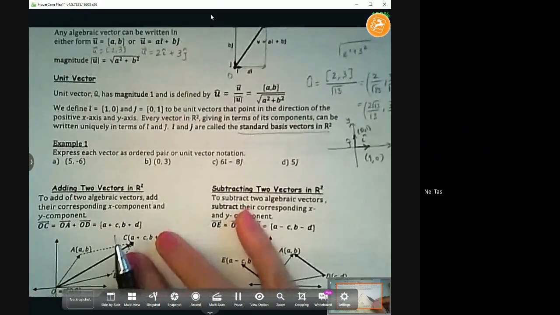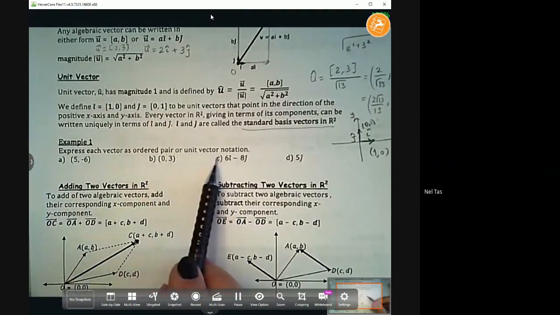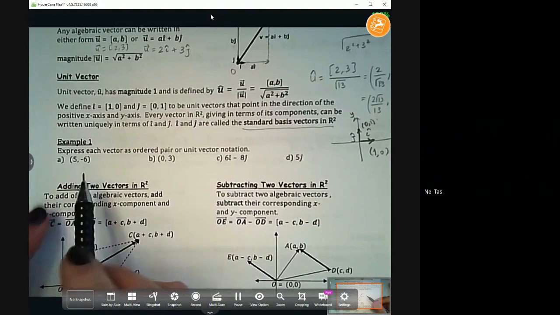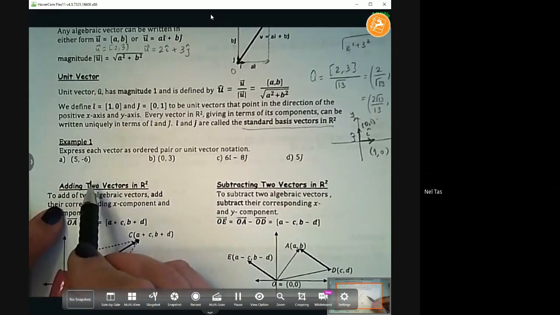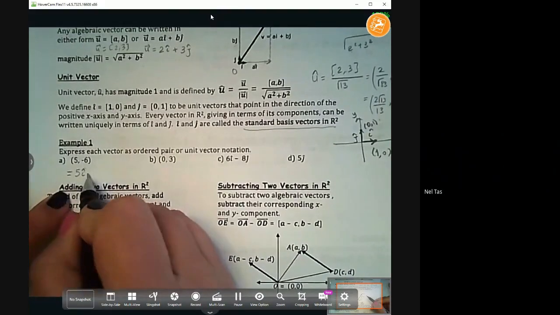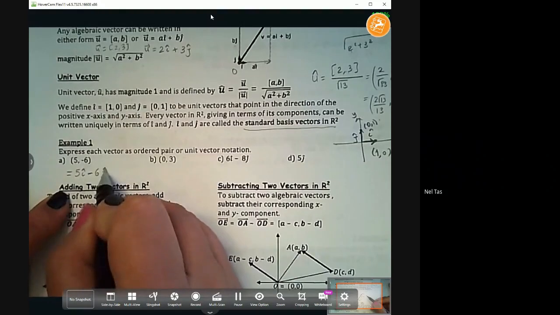Example 1: express each vector as an ordered pair or in unit vector notation. The first one is given to you as an ordered pair, so we're going to write it now in unit vector notation. This is the x coordinate, so 5i plus negative 6j, so minus 6j.